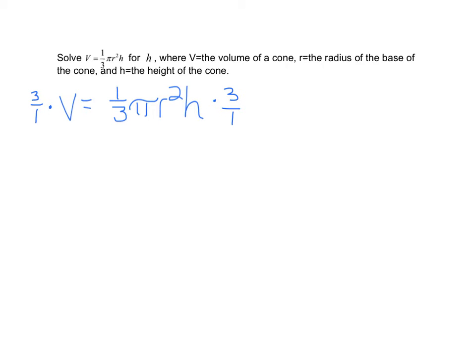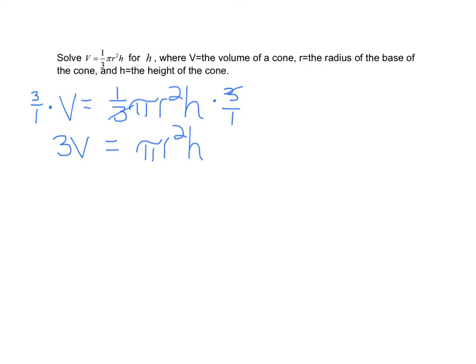Why do I do that? Well, now my fraction went away. So over here, I'm left with pi r squared h. Now, over here, 3/1 times V. Well, this is just 3, right? And what is 3 times V? It is 3V, okay? So I took care of my fraction.